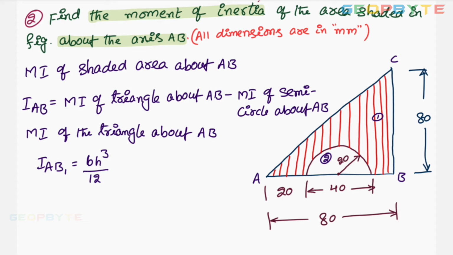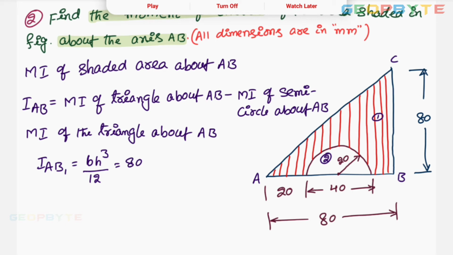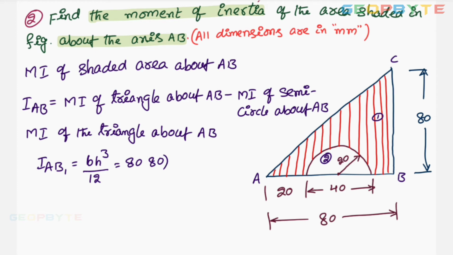B equal to 80, h also equal to 80. You simplify this value for getting around 3413333.3 mm power 4.